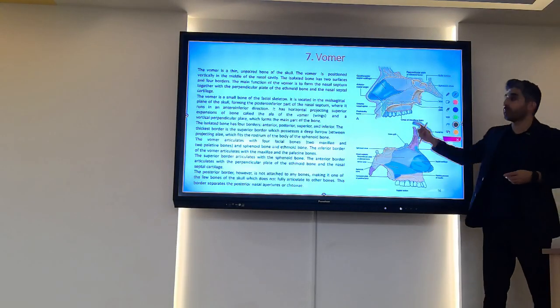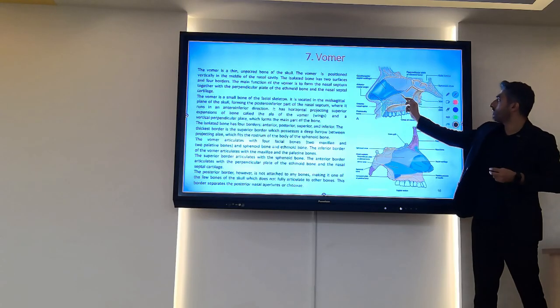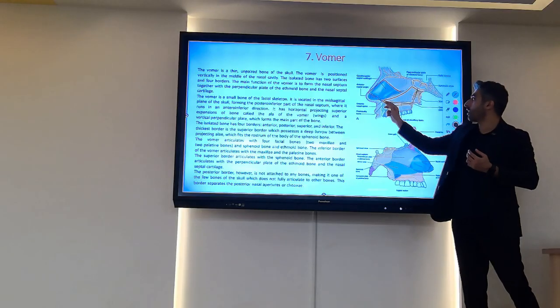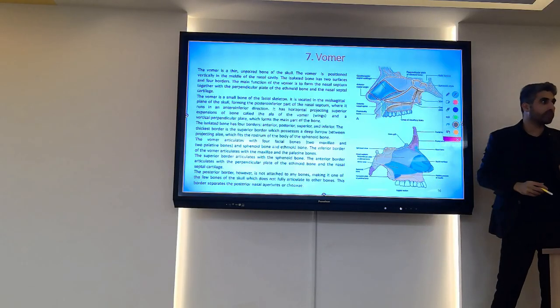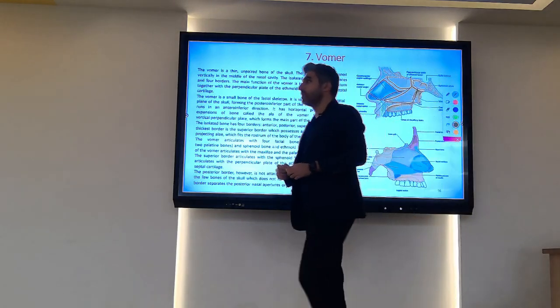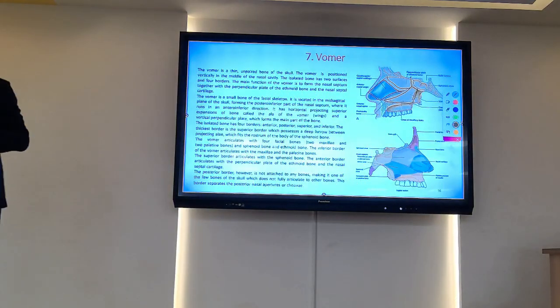So these are the main structures in the nasal septum: the vomer in the posterior and inferior side, septal cartilage in the anterior side, and the perpendicular plate of the ethmoid bone superiorly.